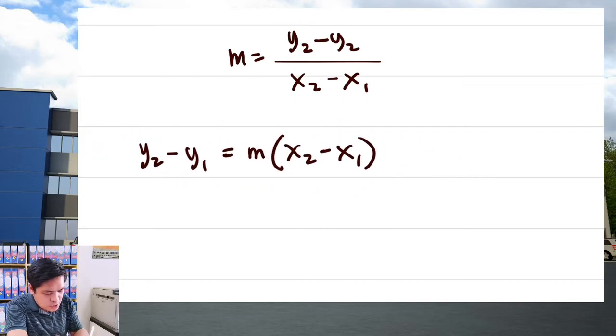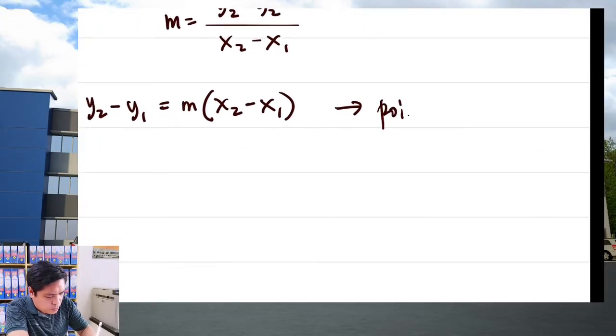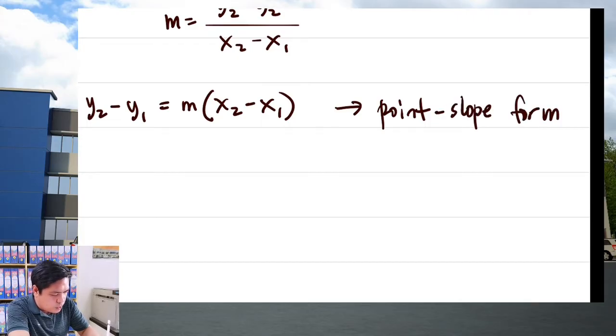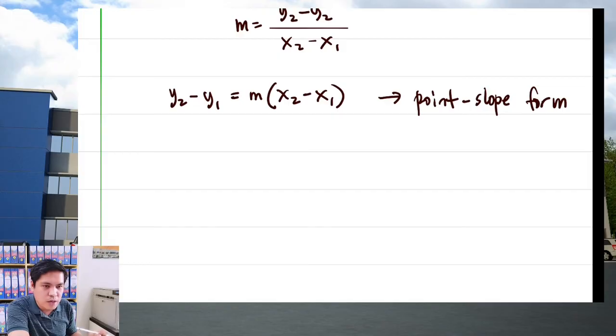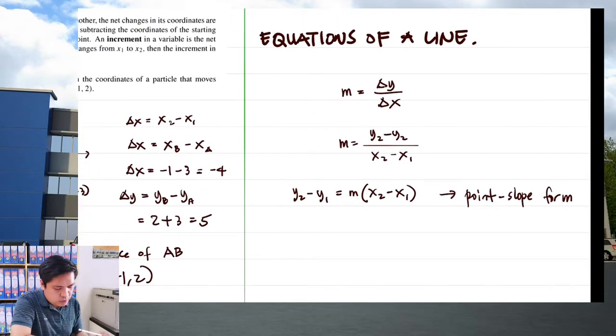Again, if m is not changing, we are describing a straight line. We'll call this the point slope form of a line. Very easy. It just started with using the equation of a slope.